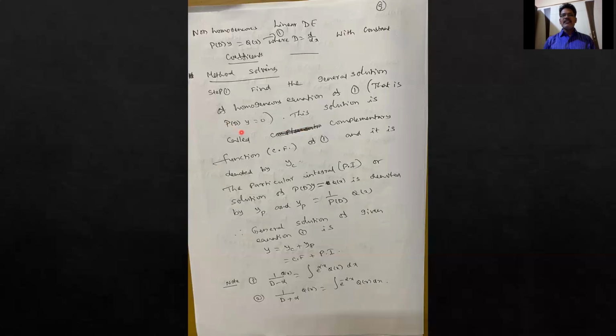Last class we saw how to solve the homogeneous linear differential equation.